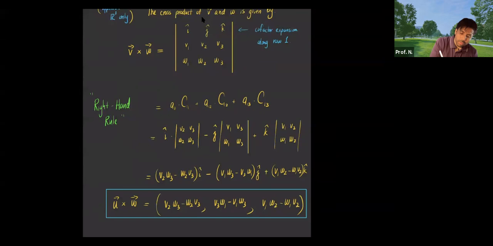When the pointer finger is pointing forward, the middle finger is pointing to your left, and the thumb is pointing upwards, you have the rule for cross product. So this would be V, this would be W, and this here would be the result, V cross W.